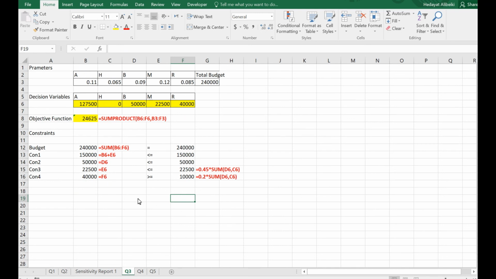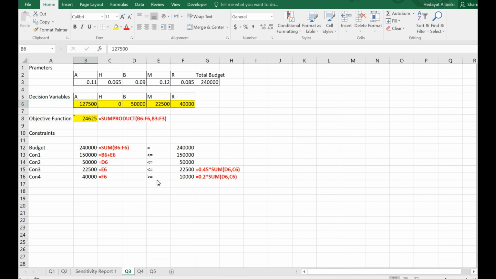So the answer here is as follows: 127,500 in agriculture, nothing in healthcare, 50,000 in banking, 22,500 in manufacturing, and 40,000 in real estate. And if you check, you will see that all the constraints are satisfied. This should be less than, it is the case. This should be greater.